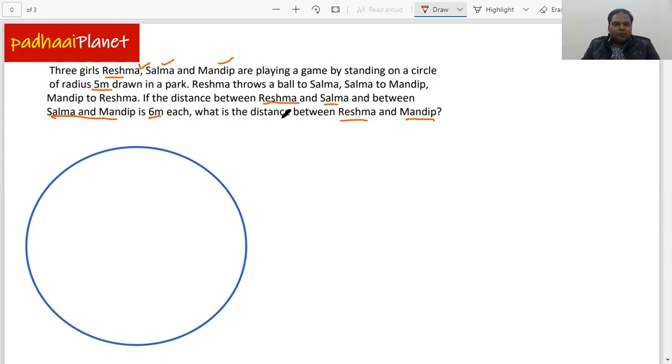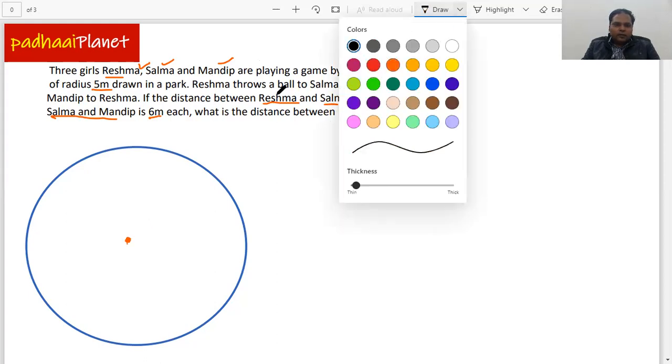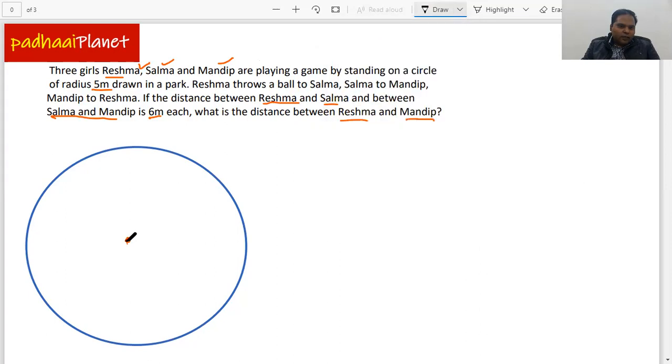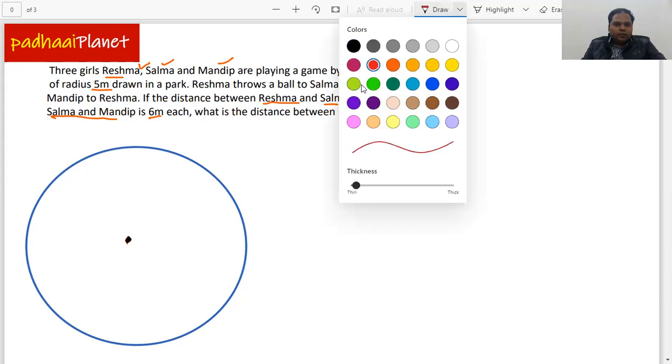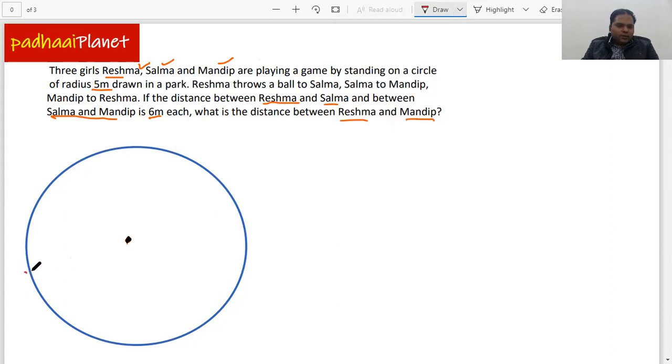Now, before we start attempting this question, let's first of all place this question on the circle, on this figure, so that we can understand it better. So first, we have the circle, the center of the circle here, the dot here, and I'll make it black. All right, and suppose we have these three girls standing on these points.